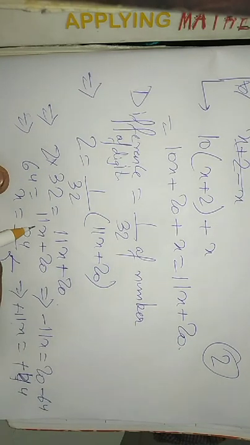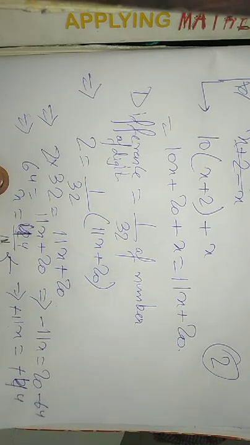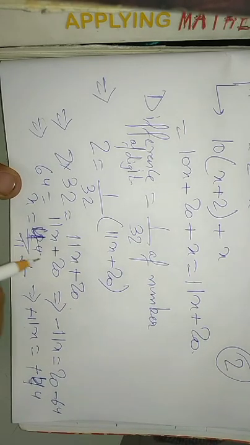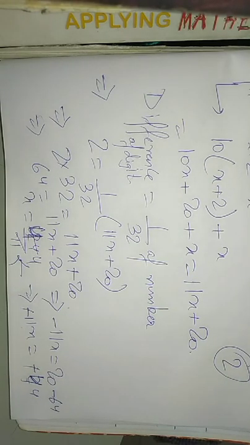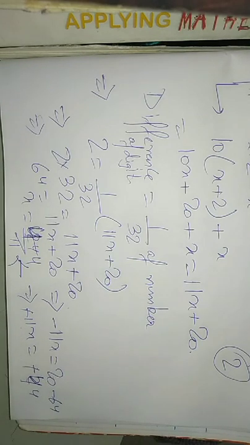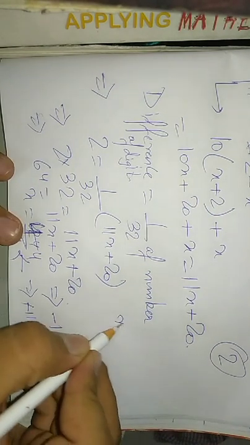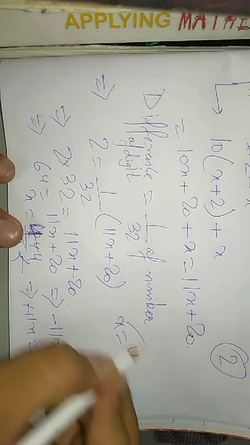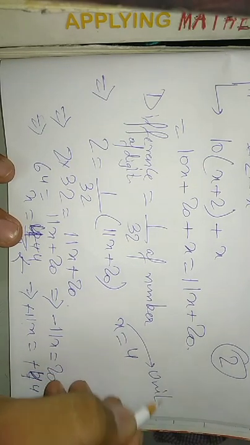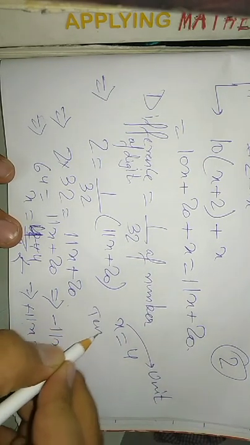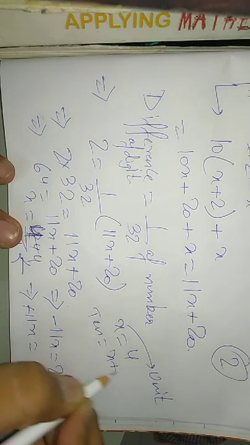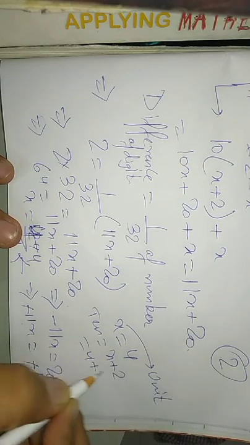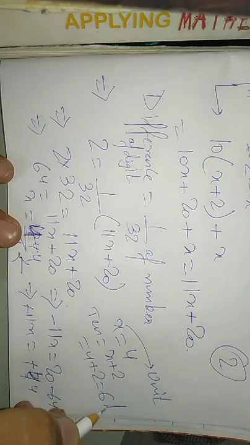So this is 44 and this is 11, and 11 4s are 44, so the value of x is 4. X is your unit digit. So what is your tens digit? X plus 2 means 4 plus 2 is equal to 6. Answer.